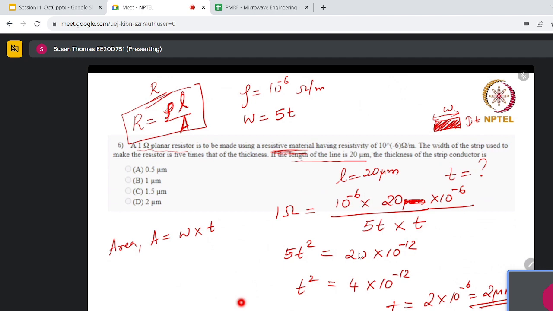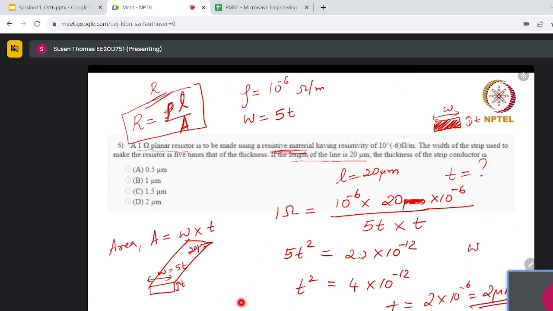So to realize this resistor on a strip line, the width is 5 times the thickness, and the length of that strip is 20 micrometer. For that we need a thickness of 2 micrometer.